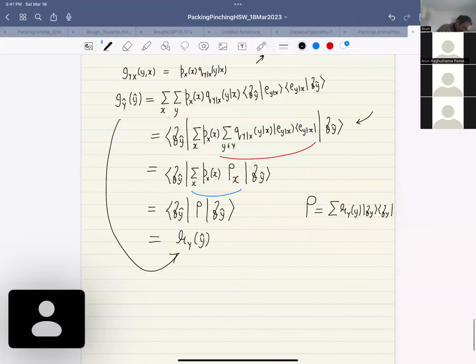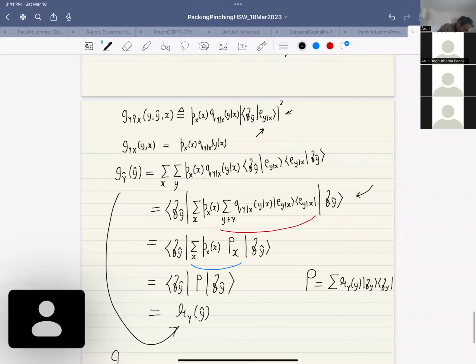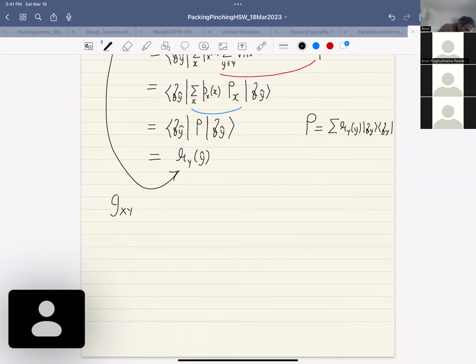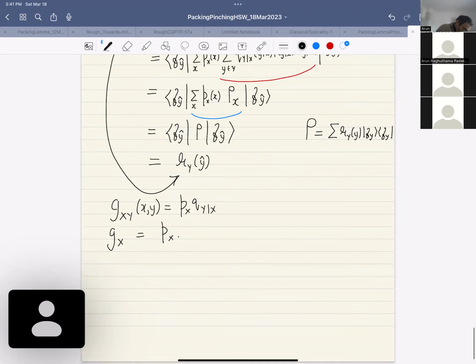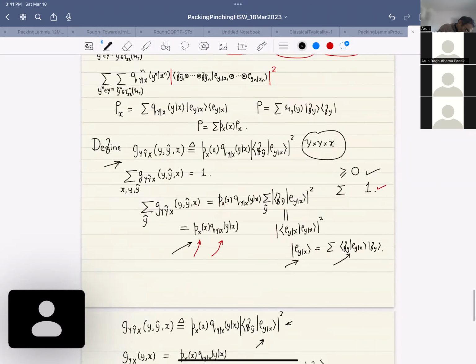This is correct. If I look at gxy of x comma y, this is px into qy given x. If I look at gx, it is px, right?